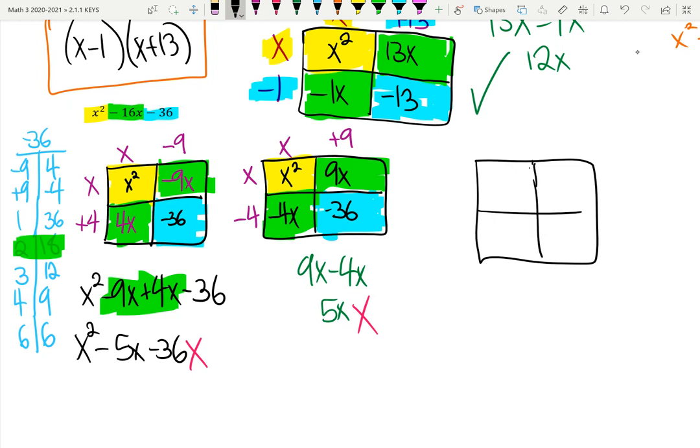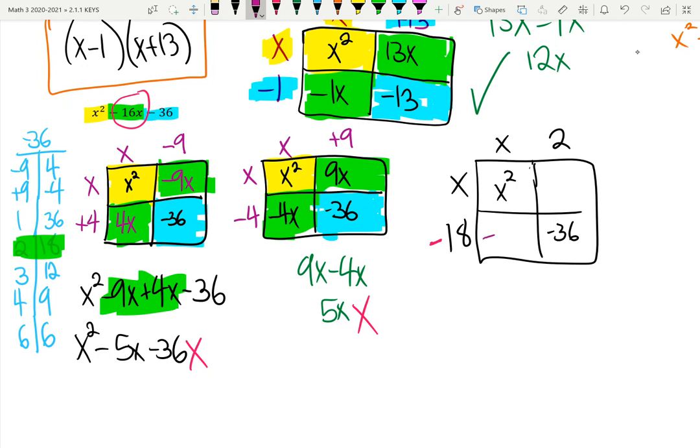What's constant is first term, last term. I'm going to go ahead and think, well, x times x is x squared. And I know that 18 and 2 need to make 36. I need it to be a negative 16 is my goal. So I'm going to go ahead and make the 18 the negative part.